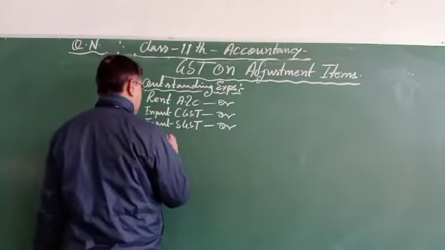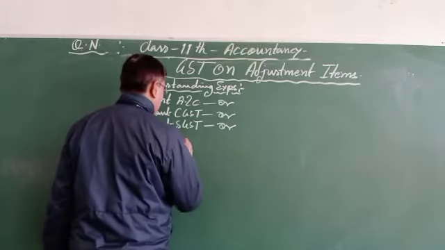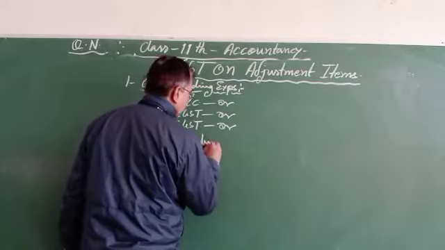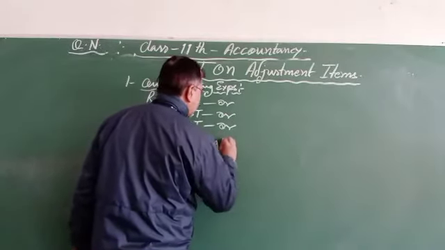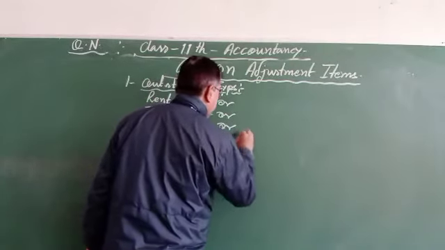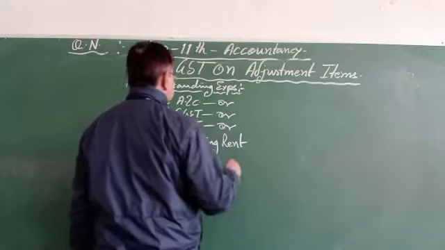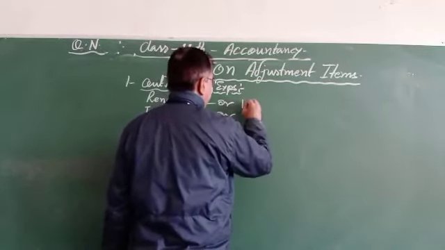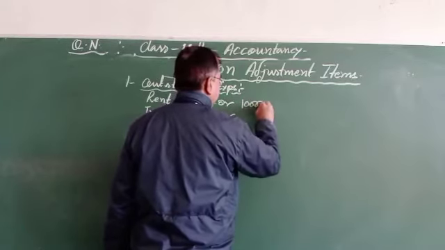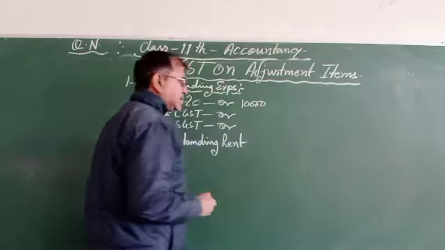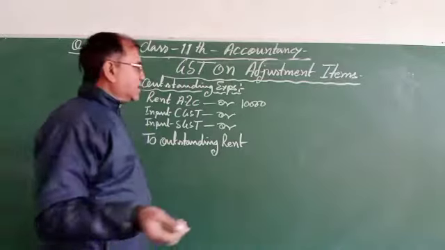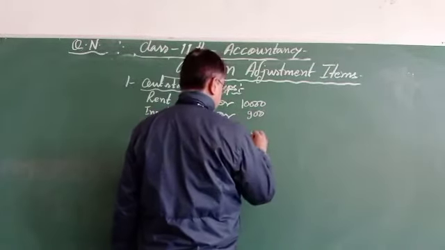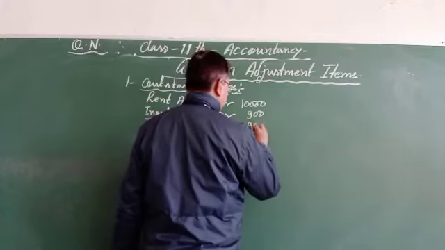Suppose rent is 10,000, and the GST at 9% is 900 and 900.